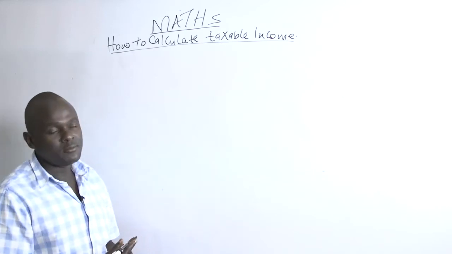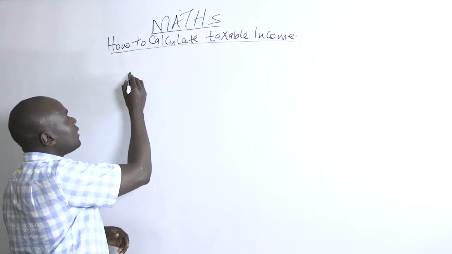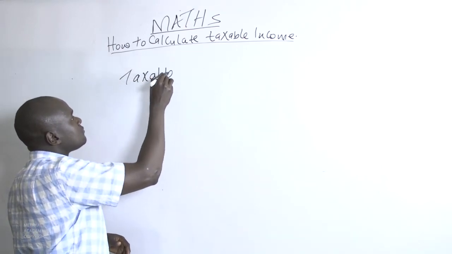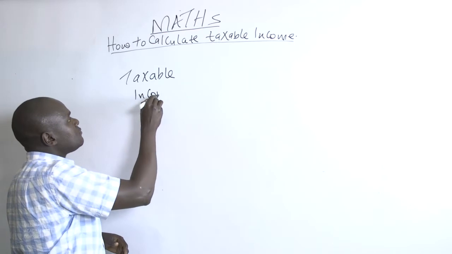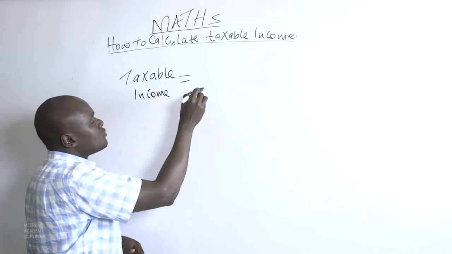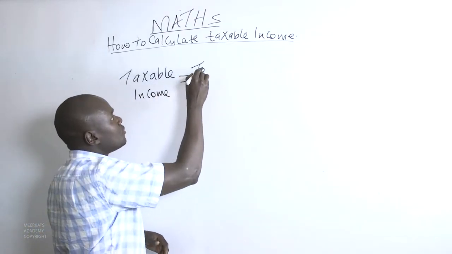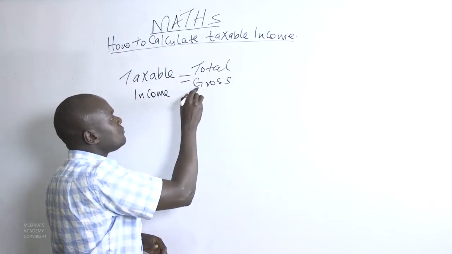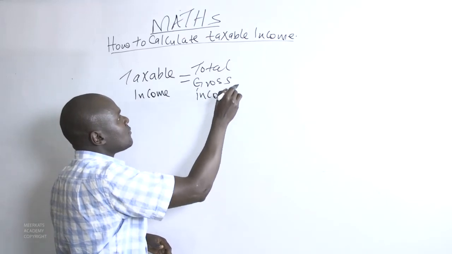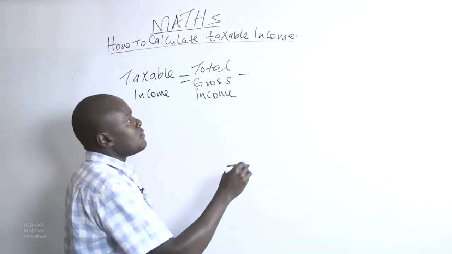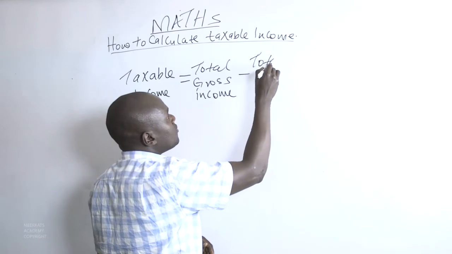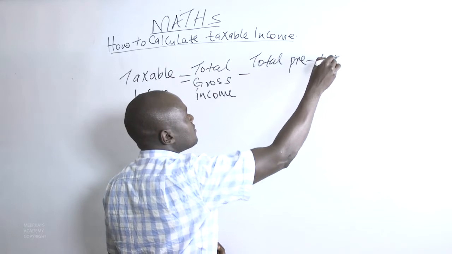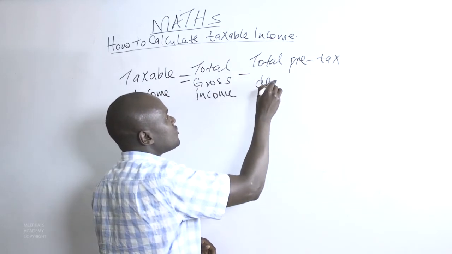Which guiding principle am I talking about? I'm talking about taxable income. Taxable income is equal to total gross income minus total pre-tax deductions.